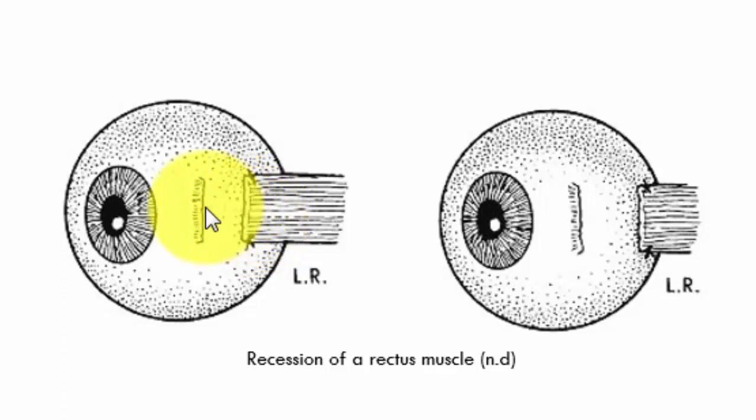The distance between the original insertion and the new insertion will depend on the size of the deviation. So what we see here is that there is a smaller recession of the lateral rectus of this eye as compared to the recession of this eye. So this eye had a larger angle strabismus as compared to this eye here.